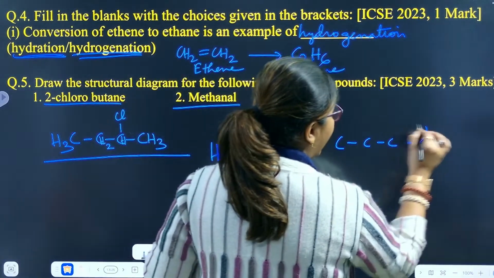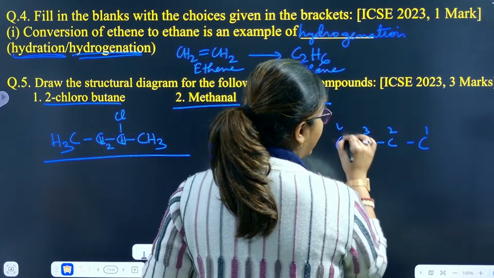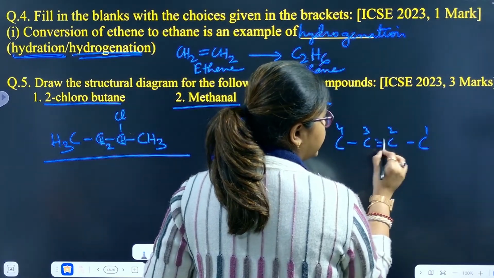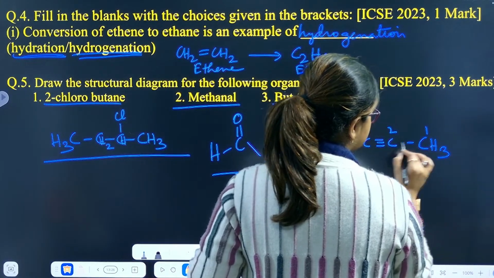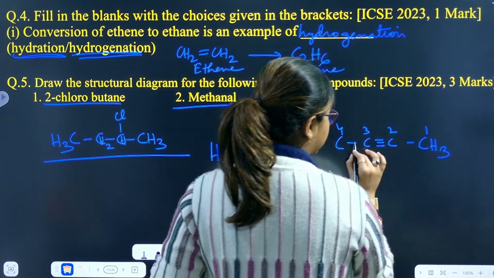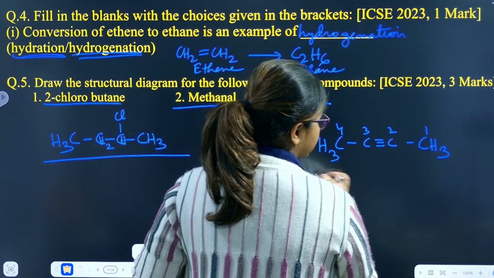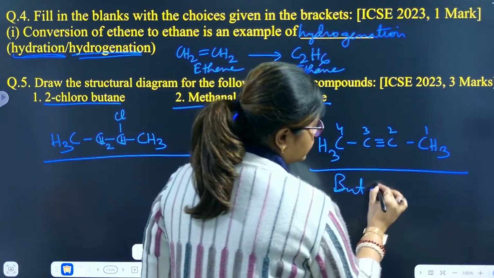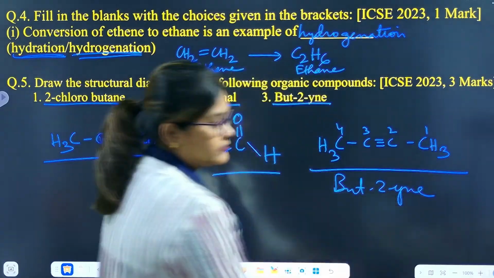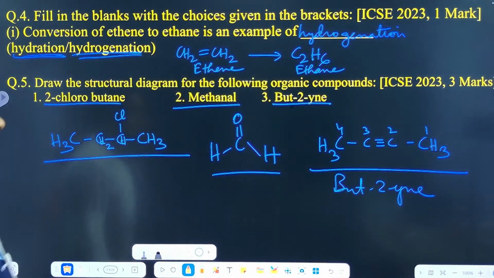So 1 2 3 4, at 2 position you have triple bond. So this is the structure of but-2-yne. Is it clear?